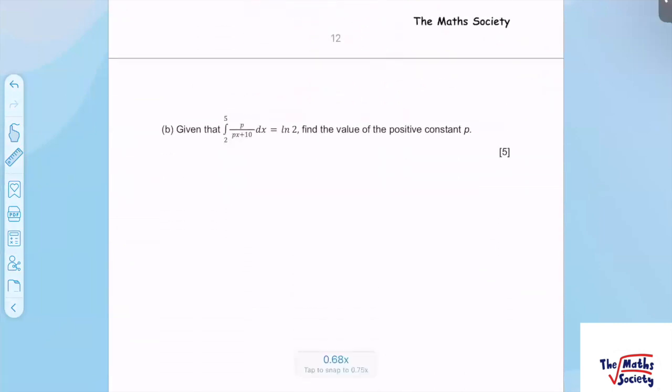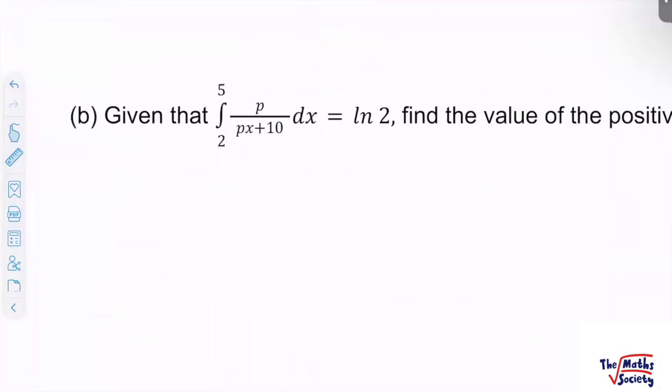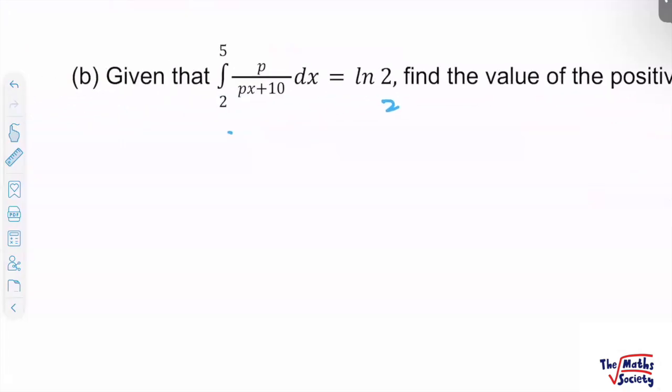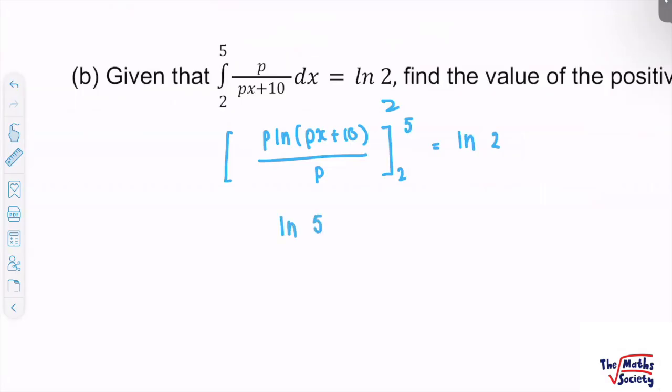Okay, so now we move on to the next part. It gives you this integration equal to ln 2, and you just need to find the positive constant p. It's going to integrate to p by p ln px plus 10 divided by p, with limits 2 and 5, that's equal to ln 2. So you have ln 5p plus 10 minus ln 2p plus 10, equal to ln 2.